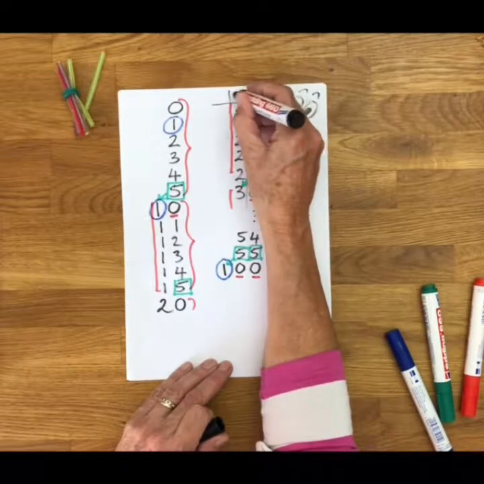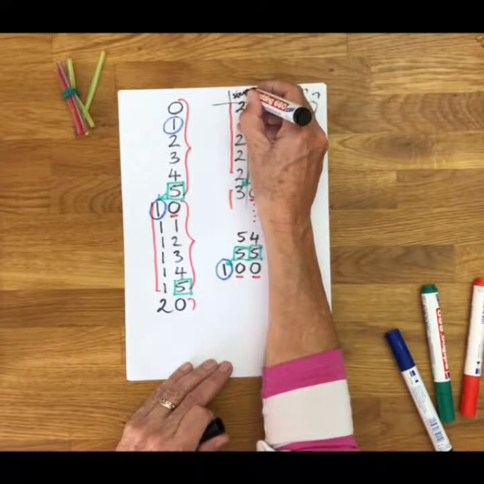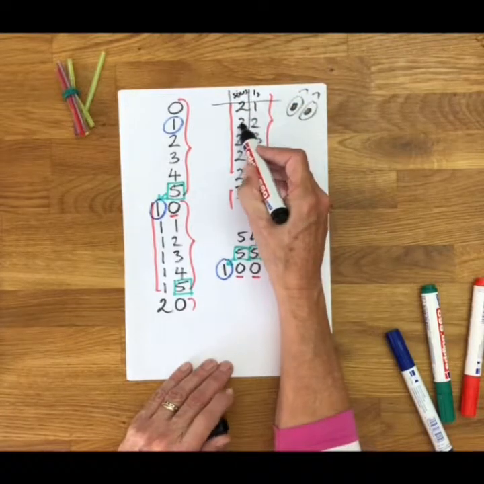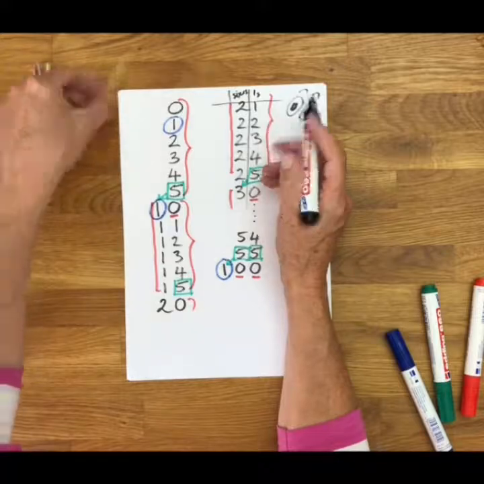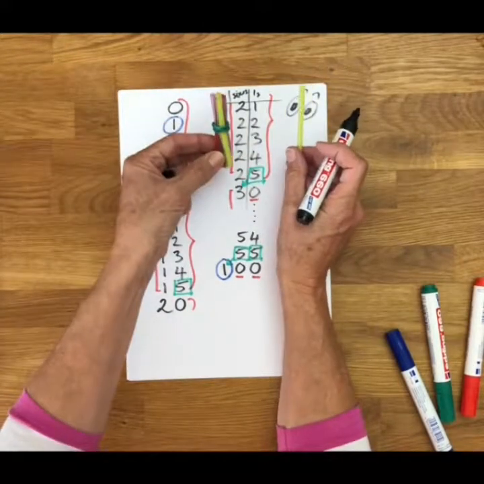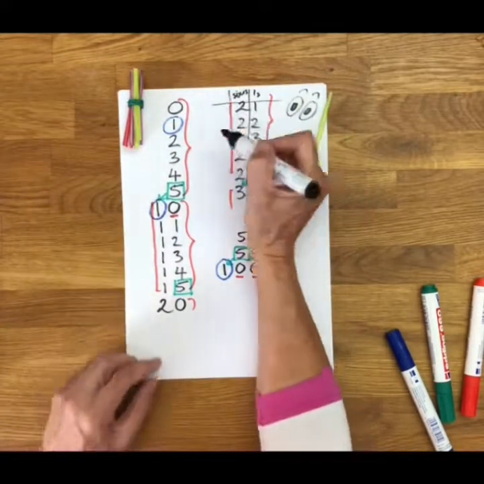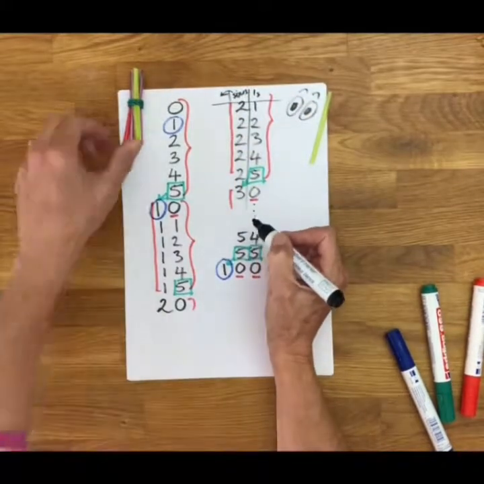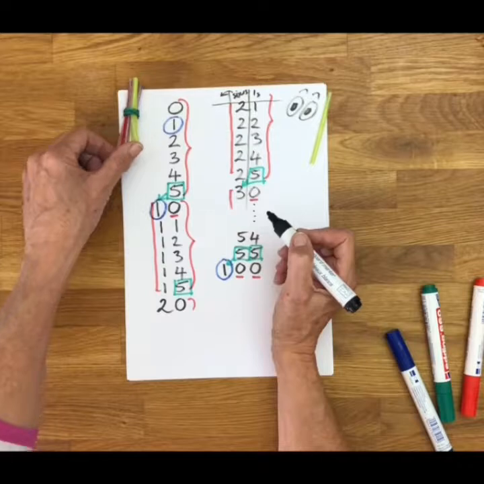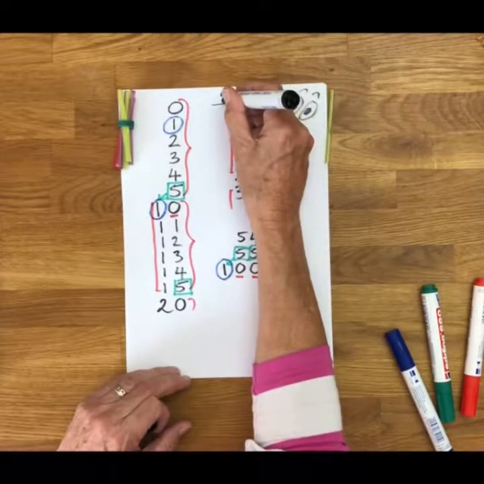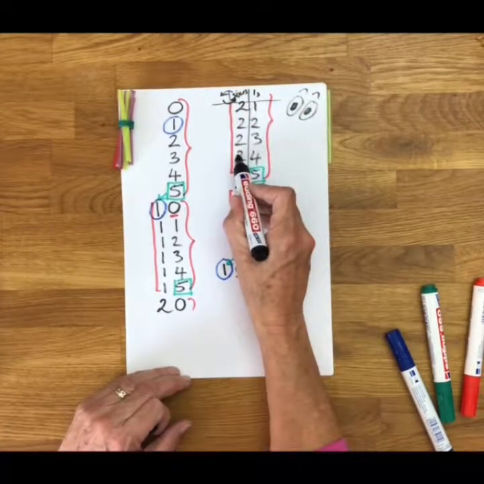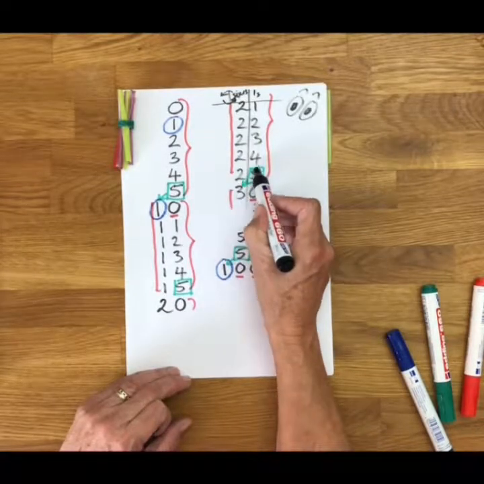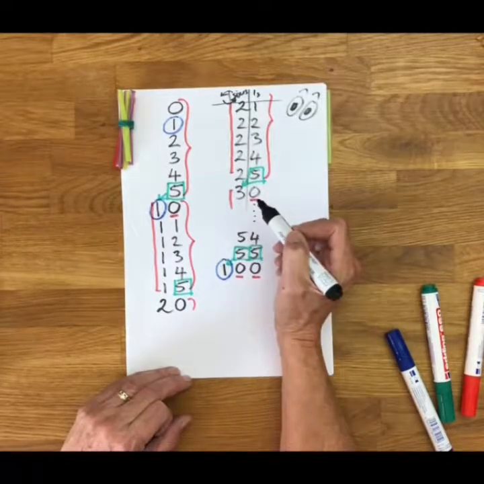So these are worth 6s in this column here, because 6 of these 1s made 1 of those. 6 single straws made our 1 bundle. And then this column here was worth 6 times more again, because 6 of these made our box. So if we were looking the other way, this column here, anything is a 6th of that column. And this column is worth a 6th of that column.